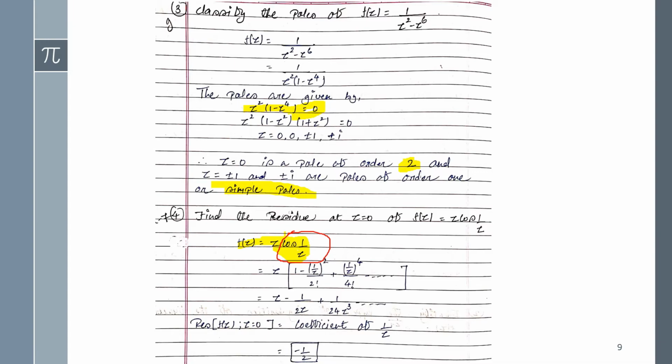You know the series of cos z, and that you can find by using the Maclaurin series. If you don't apply the Maclaurin series for the cos function, then you can't write its expansion. So directly I have written the expansion of cos z.